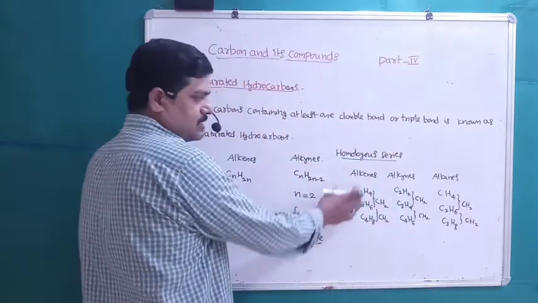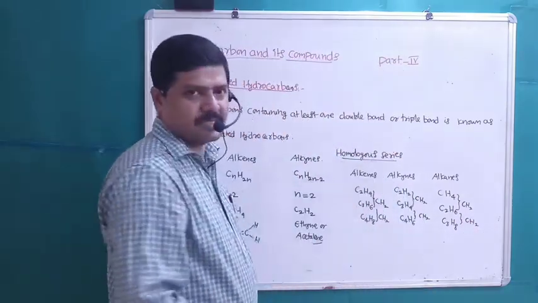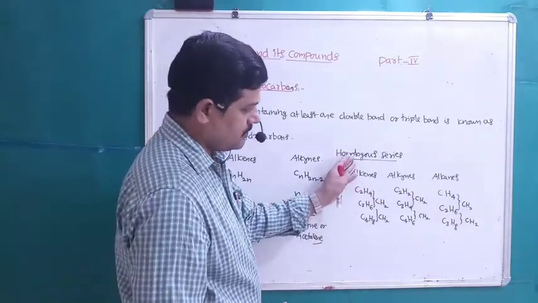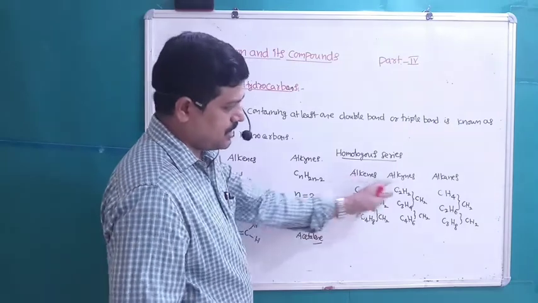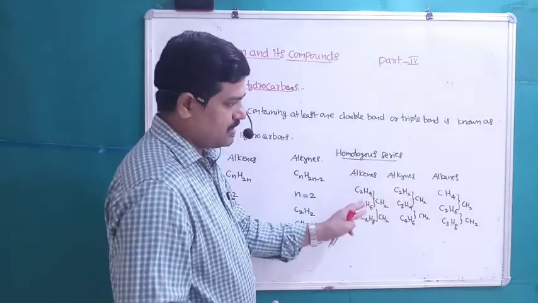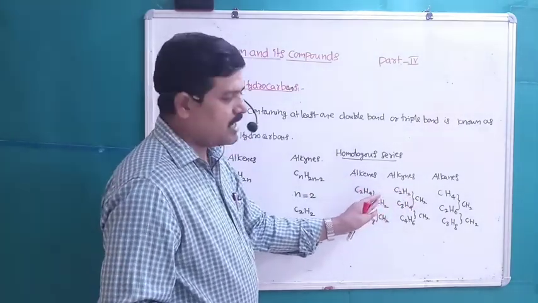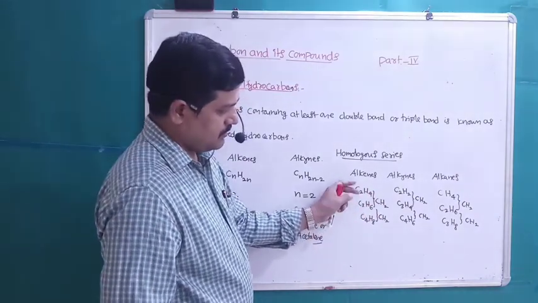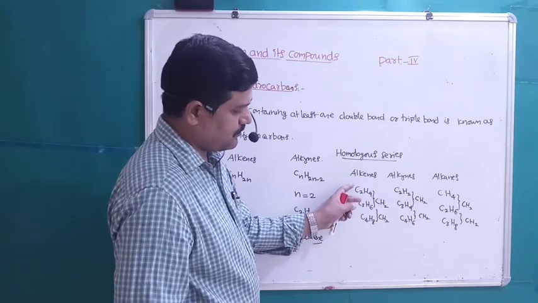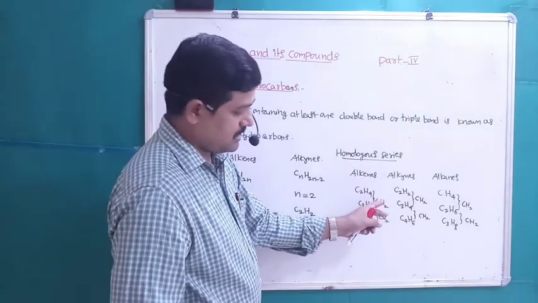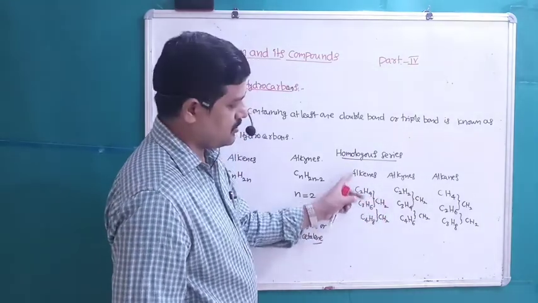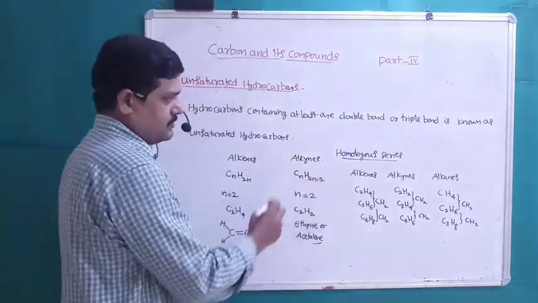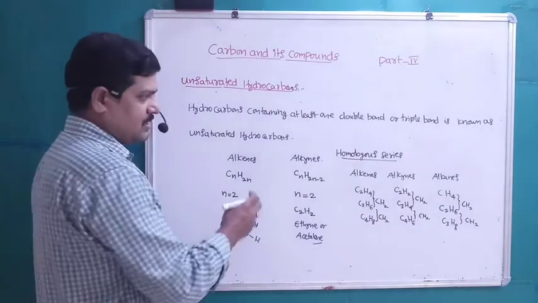So this complete set of compounds is called one homologous series. They have the same general formula, same method of preparation, similar chemical properties but different physical properties. With the successive members, the difference is CH2, that is called a homologous series. Right? Let us learn about the homologous series.